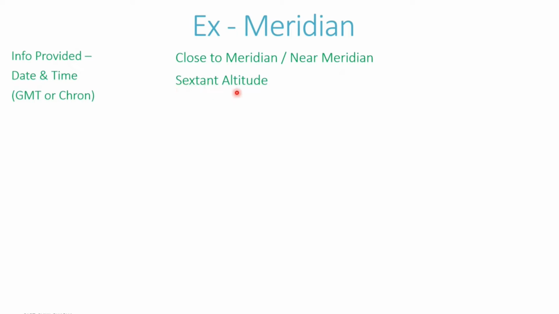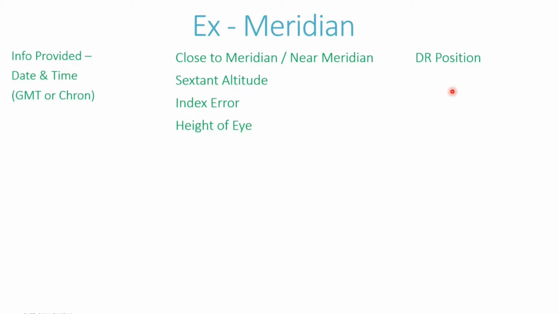Along with it, we will have the sextant altitude of the body, and as usual, the index error, the error of the instrument, the sextant, and the height of eye provided to us for dip correction. And we will also have the DR position given in these questions.